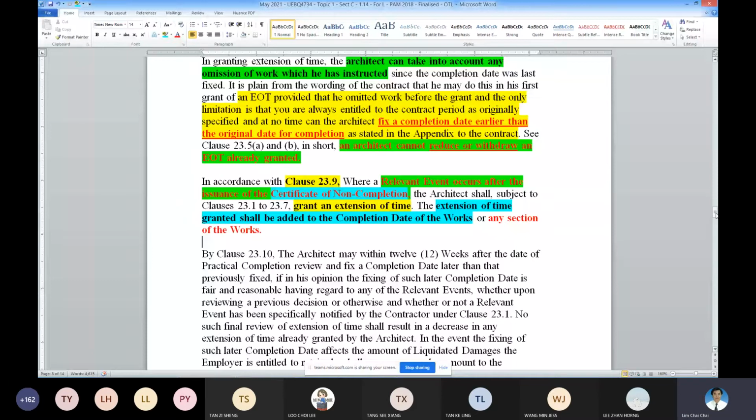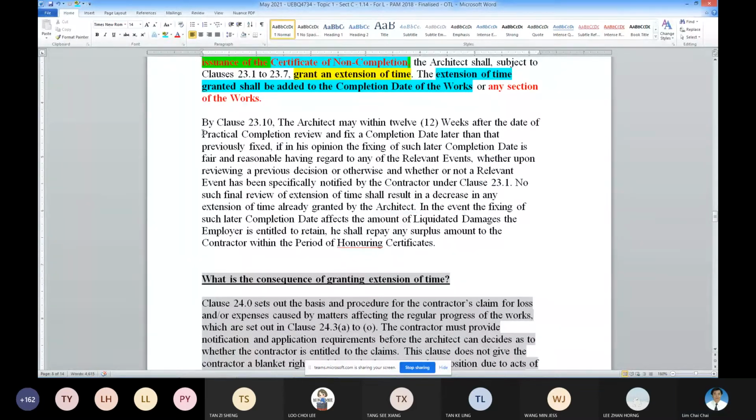Okay, so this is another clause, clause 23(10). This is a very interesting clause, but the chances of the architect using it, I believe, are very, very rare. Clause 23(10) is for the architect's discretion within 12 weeks after practical completion, meaning the CPC is already issued.